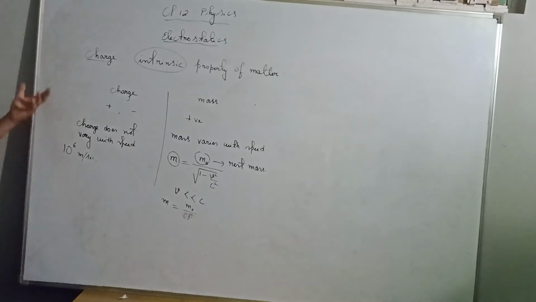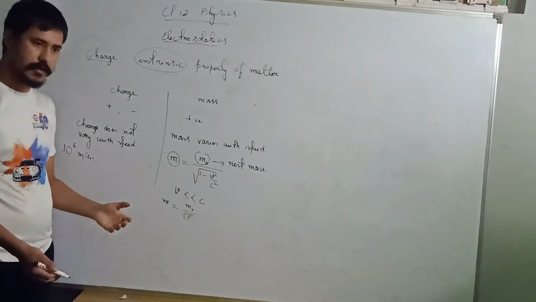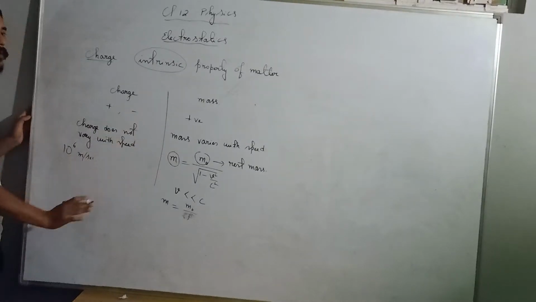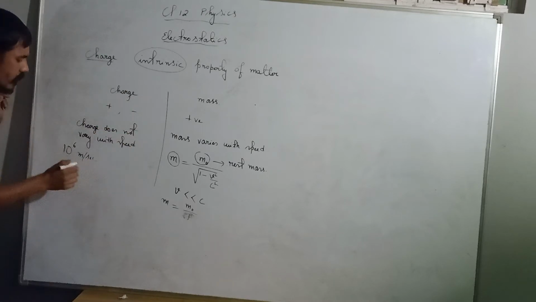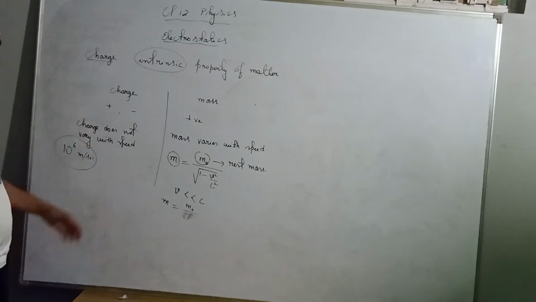Even though they move at a very high speed, 10 to the power 6 meter per second, their charge does not change. Is it okay? If a charged particle is moving at this speed, its charge will not change. So these are some of the basic differences between charge and mass.